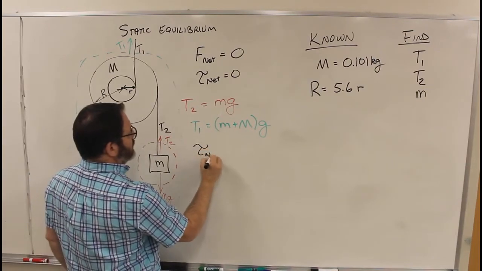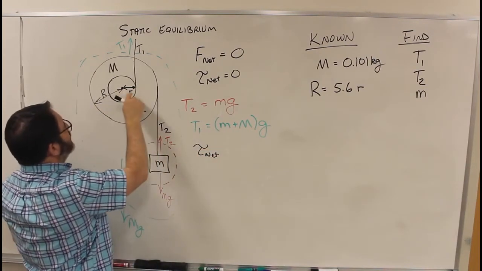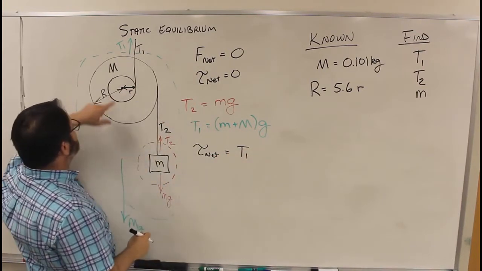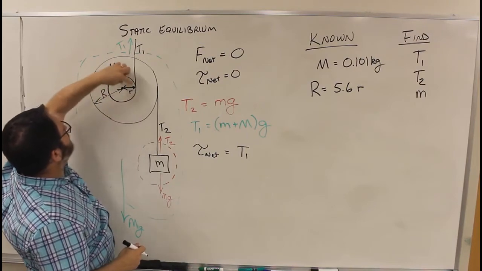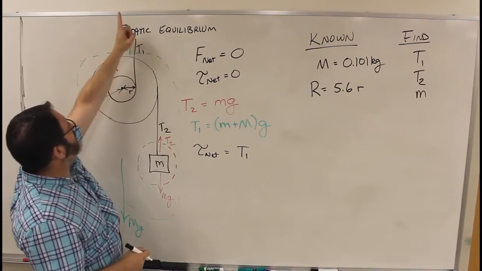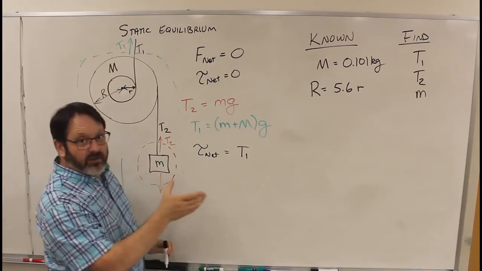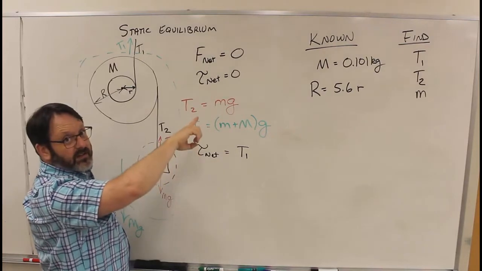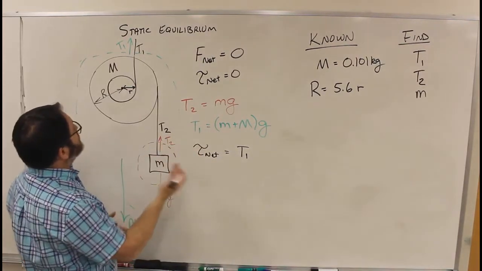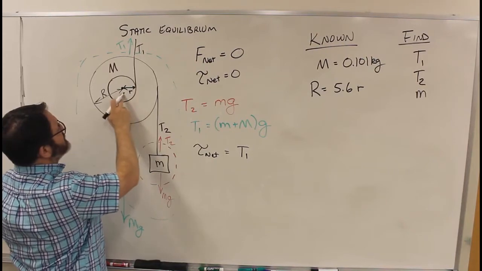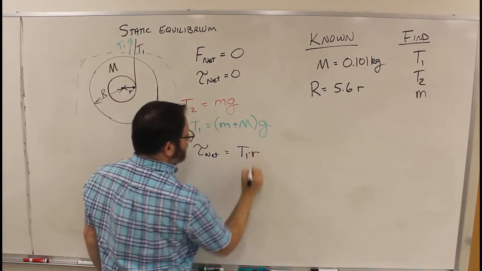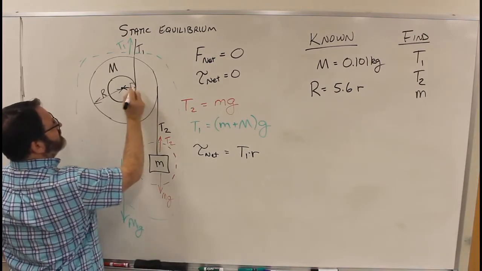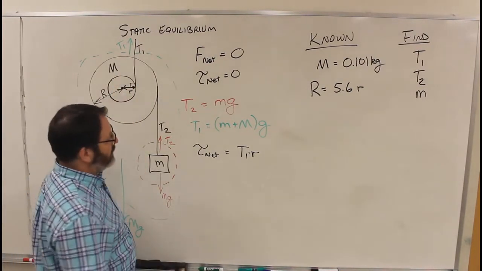So the net torque around that point: T1 is pulling up this way, so the direction T1 is trying to make it turn is this direction. That's the positive direction. So plus T1, the force, times the distance, little r, times sine of theta. And theta is right there. It's 90 degrees, so that would be 1.